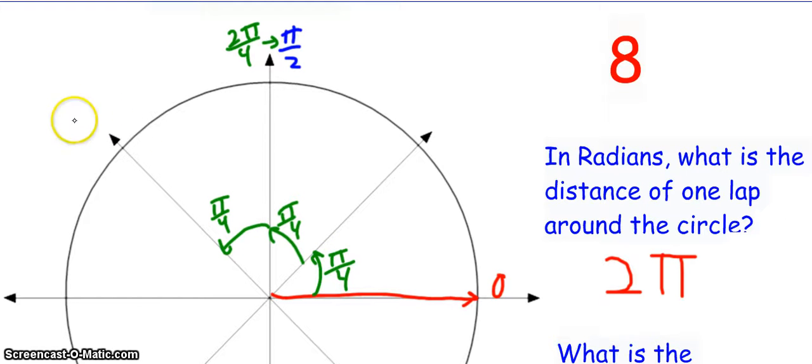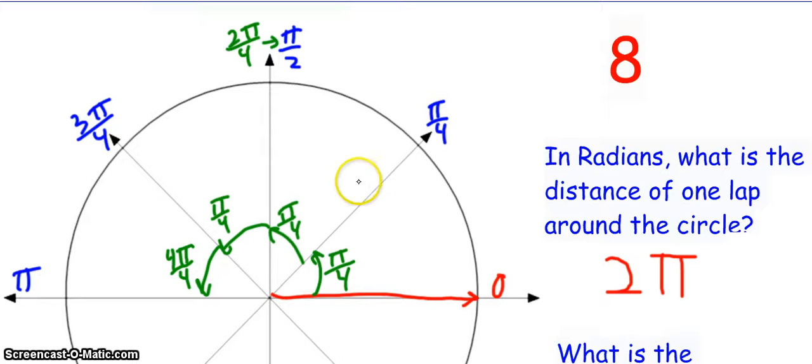So this is 3 pi over 4, and I'm just going to relabel this one. This was pi over 4. And if I go again, this is 4 pi over 4, but that reduces, and that's pi. And we can keep going around the circle like this, because each one of these is pi over 4, so we're just counting pi over 4s.